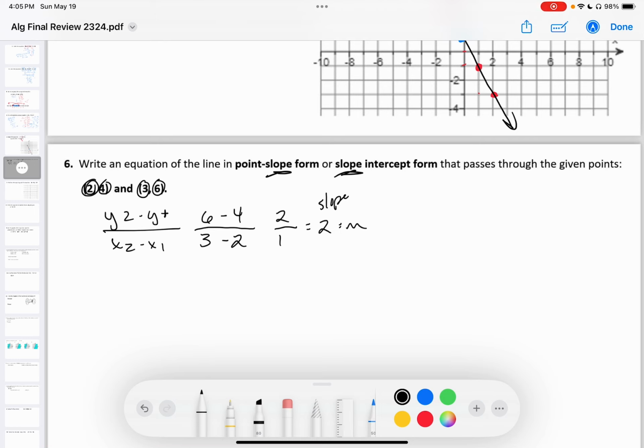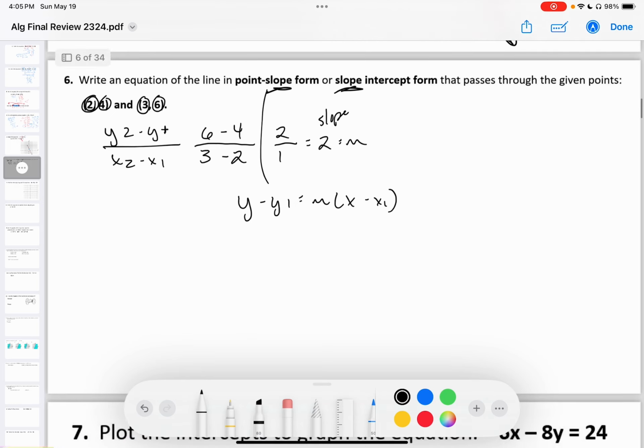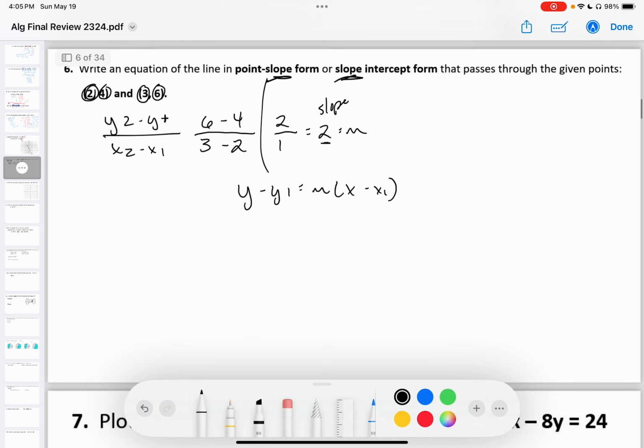Now, if I'm going to go to point slope, that's the easy one, because I'm just going to do y minus y1 equals m times x minus x1. I know my m value is 2. And then we just put in, again, one of those 2 points. Doesn't matter which one's which, but I've got an xy value in both of those.